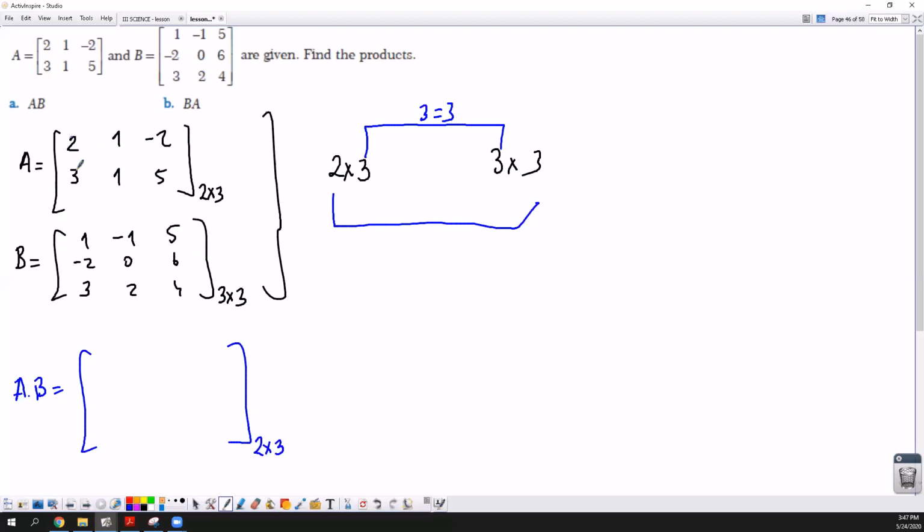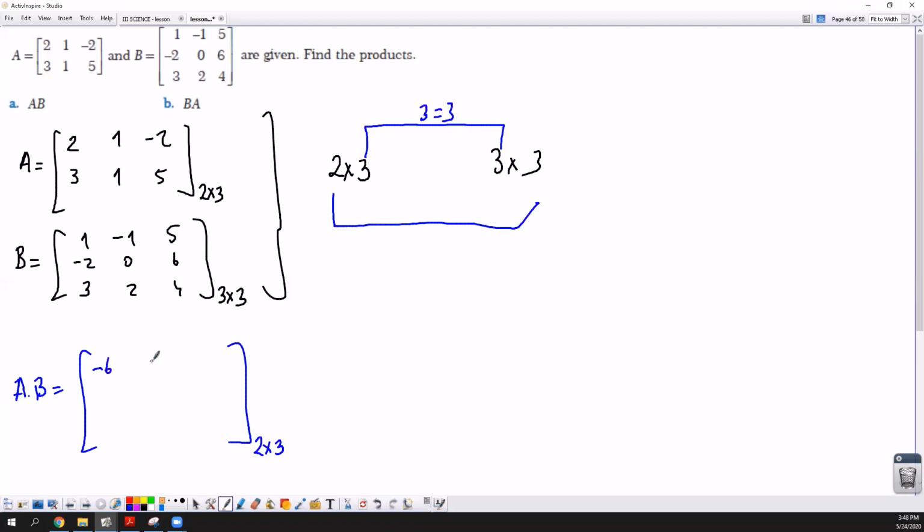So 2 times 1 is 2, and after that 1 times -2 and -2 times 3. Let me arrange it. So here we will multiply 2 by 1, 1 by -2, and -2 by 3, and when we add them, we get -6.